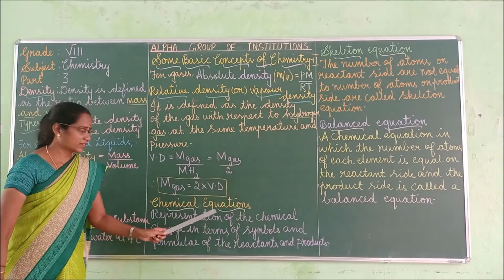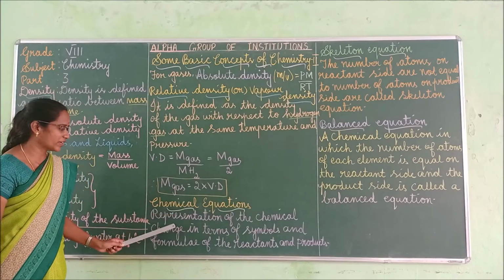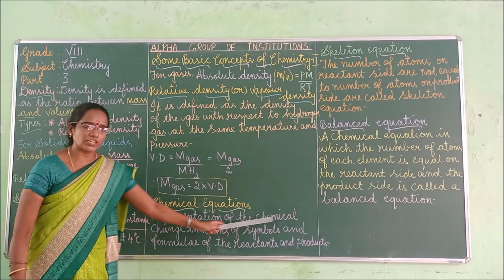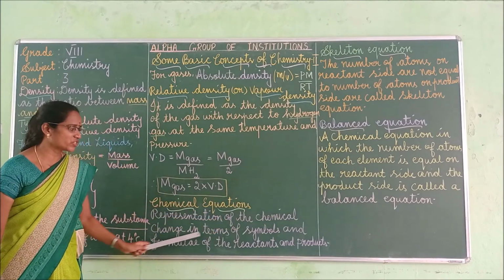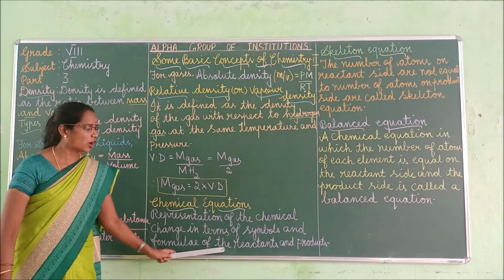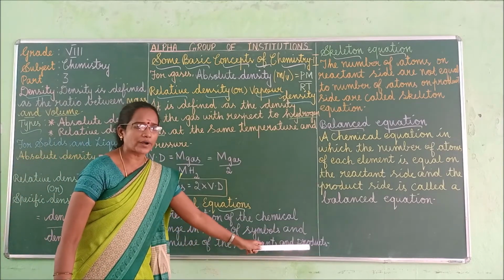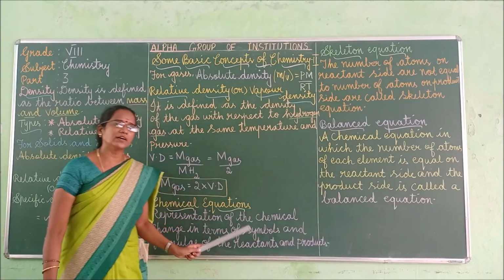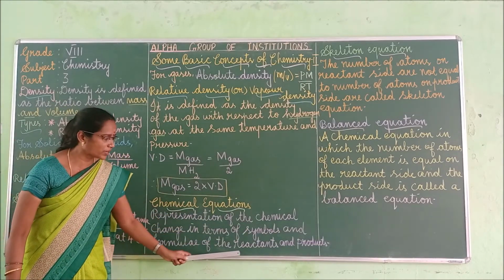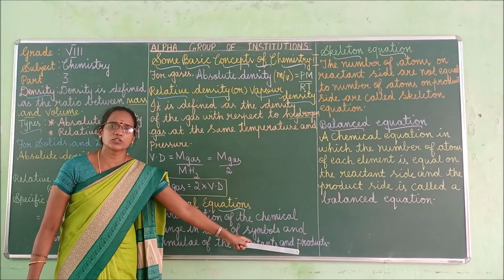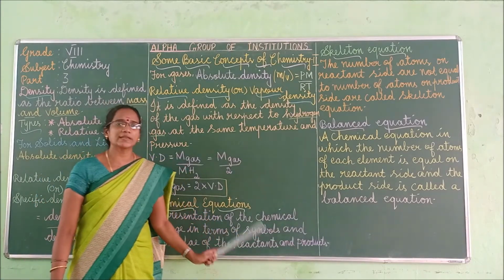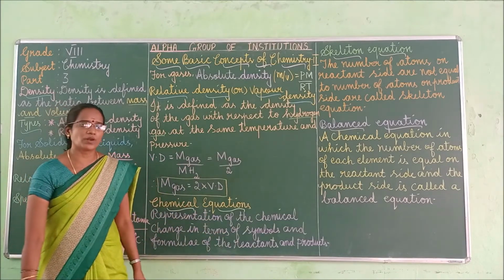See the definition: a chemical equation is a representation of the chemical change in terms of symbols and formula of the reactants and products. We will mention it by using symbols or formula.